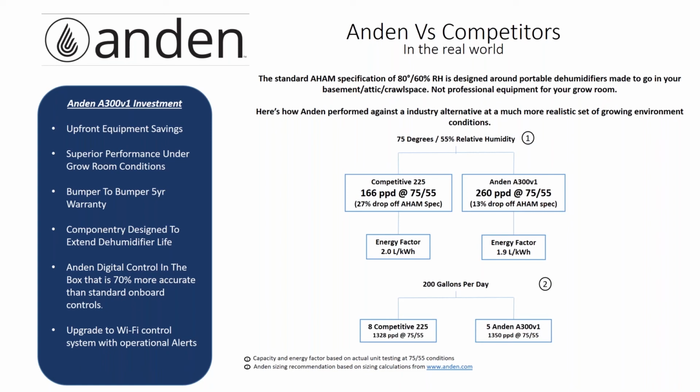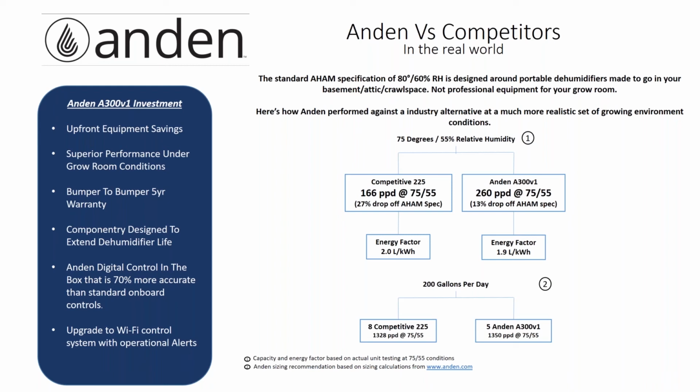I'm not going to name any names, but the industry's leading 225 pint dehumidifier at 80-60 does do 225 pints. At 75-55, they have a 27% drop off in performance. Their energy factor goes from fantastic to not so good. And every time you lower that temperature or you lower that percentage of relative humidity, it gets worse and worse.